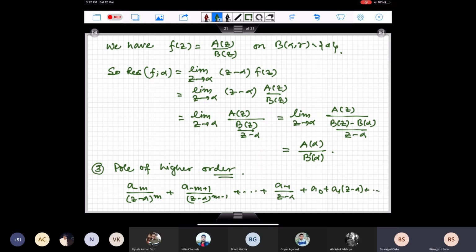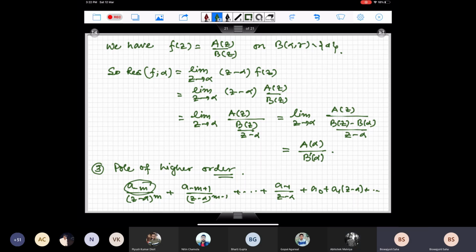Now the problem here is that I can no longer mimic the previous process, because if I multiply by z minus alpha power m and take the limit as z tends to alpha, or evaluate at alpha, all I am going to get is a minus m, right?